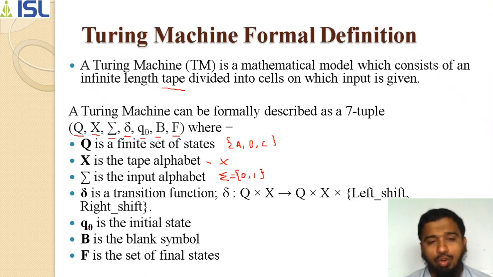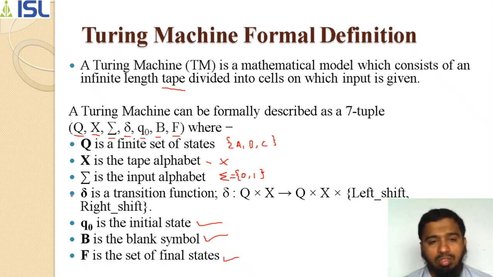So here Q0 is the initial state, and B is the blank symbol. This is a special symbol which is included in the Turing machine, and that is represented as capital B. B is a blank symbol. F is the set of final states.